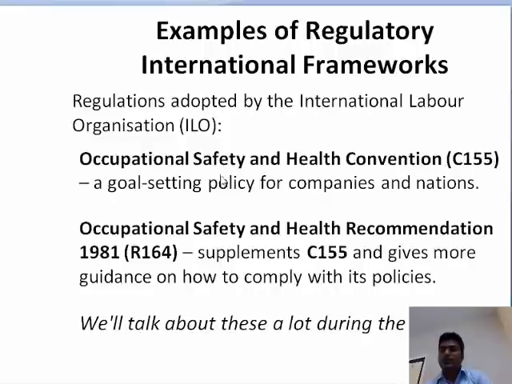C155 is the convention number that makes rules about occupational health and safety, and the recommendation given on C155 is the Occupational Safety and Health Recommendation 1981, R164, a supplement to C155. I have already told you, the convention is the rules, but the recommendation is the guidance on the convention and gives more guidance on how to comply with its policy. That means it gives broad knowledge about the convention.